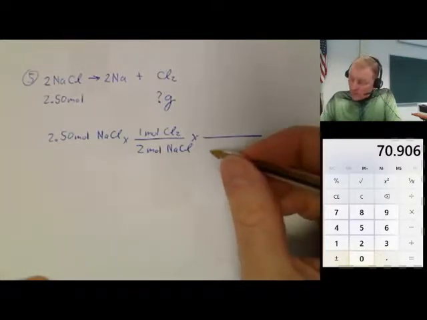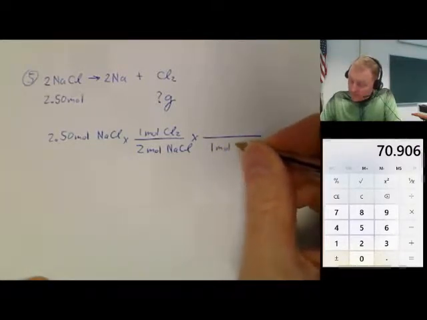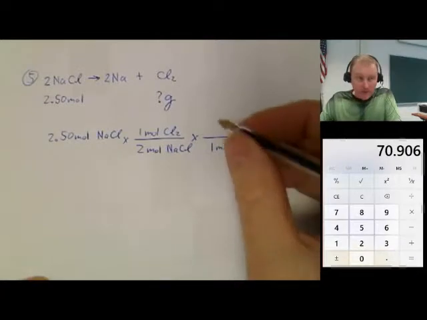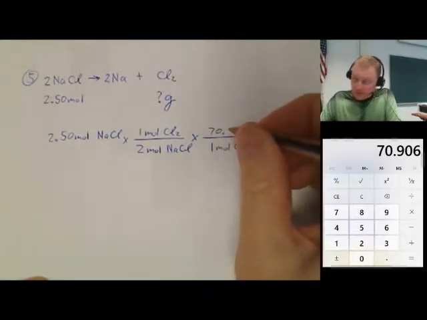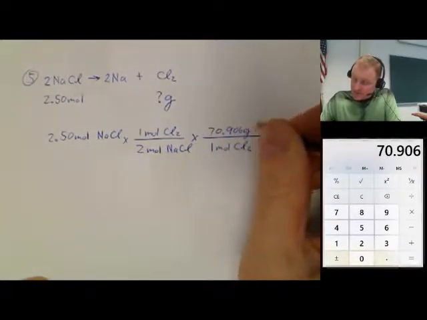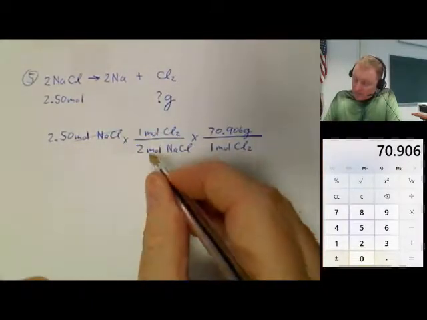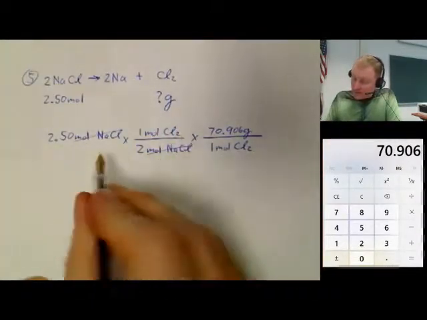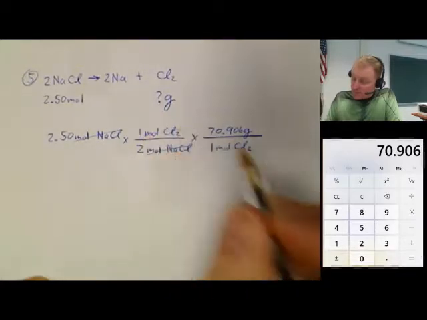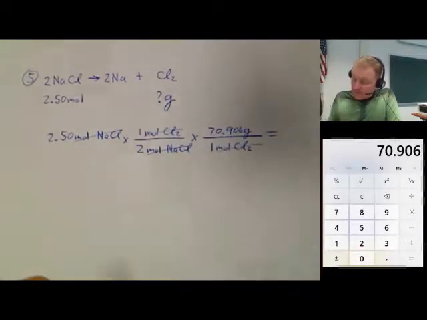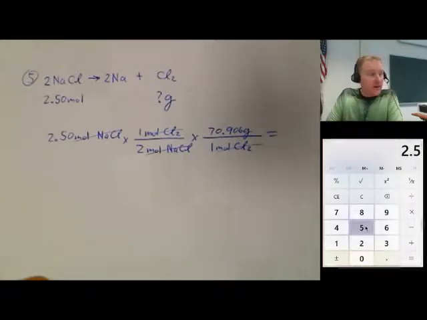We're going to say for every 1 mole of chlorine gas, we have 70.906 grams. Moles of chlorine cancel with moles of chlorine, and moles of sodium chloride cancel with moles of sodium chloride. And so to answer this question, we would take 2.5 divided by 2 times 70.906.